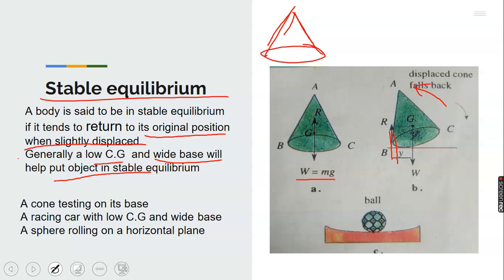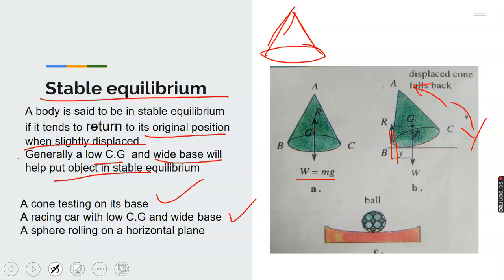Therefore, when it is released, it will fall back to its original position. Examples of stable equilibrium are a cone resting on its base, and a racing car with low center of gravity and wide base.